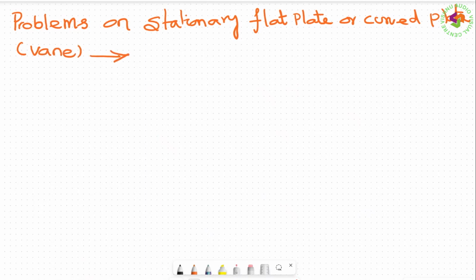What problems we will do? Calculation of force. These are the problems. So first, case one we will take.